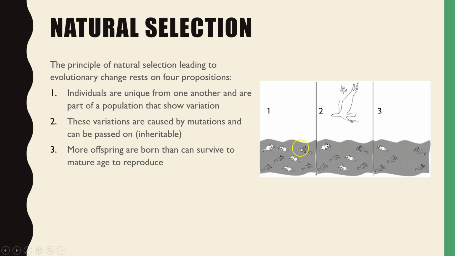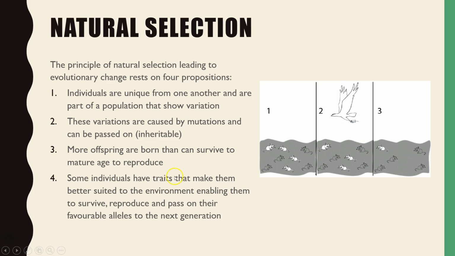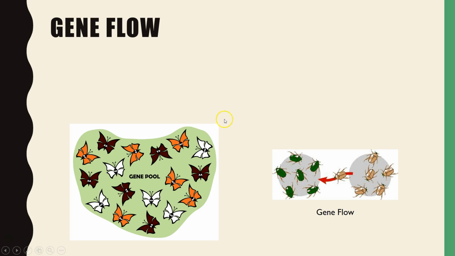So the grey mice are more likely to survive. They're more likely to reproduce. Therefore, they're more likely to be the resulting population at the end after the hawk has predated on them. And obviously, as we already said, some individuals have traits that make them better suited to the environment, therefore more able to survive, therefore more favourable for those alleles to persist in the population. So that's the summary of natural selection.